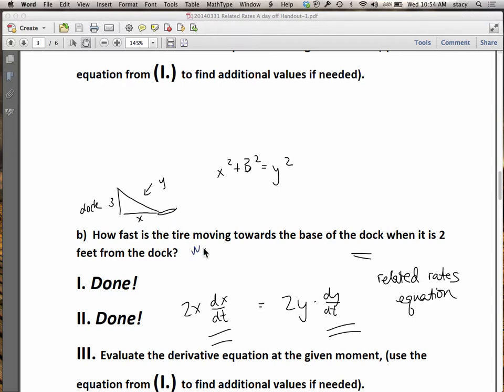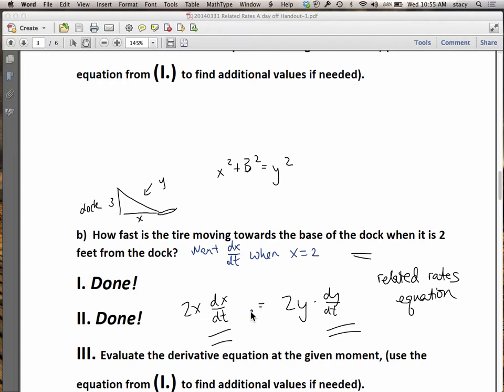So this is asking for dx/dt. Is it asking for the formula for dx/dt? Just a value, right? So that means it's asking for dx/dt when something is happening. When what's going on? When x is 2.